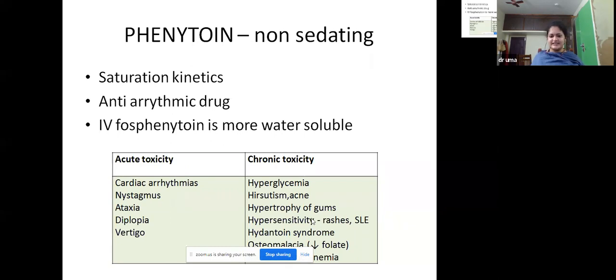Chronic toxicity produces 5H: hyperglycemia, hirsutism, hypertrophy of gums, hypersensitivity reactions, hydantoin syndrome. That is when it is used in pregnant women, it produces hydantoin syndrome. Also osteomalacia and megaloblastic anemia are adverse effects of phenytoin.